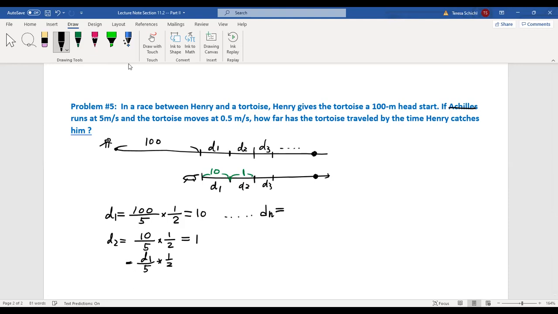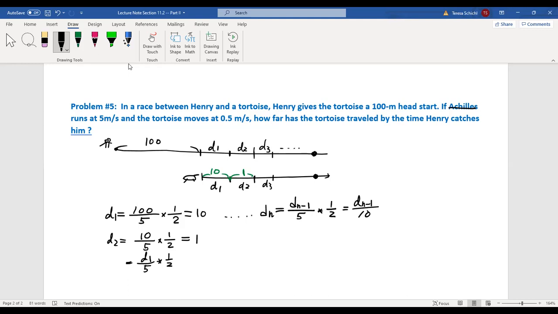The general term will be the distance of the previous one, n minus 1, just like D2 from D1, divided by 5 meters per second, then times 1/2. So this one here will be D to the n minus 1.